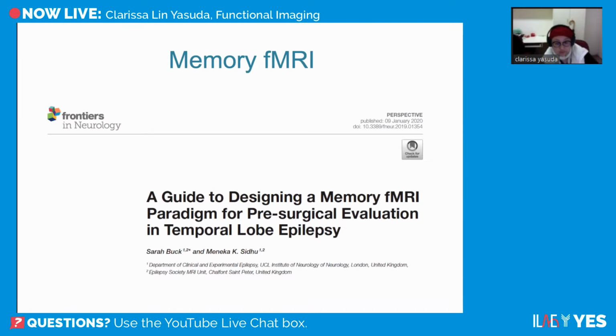And very recently, the American Academy of Neurology recommended using memory fMRI to predict verbal memory decline. And because of that, Manuela and Sarah recently published a guide to design a memory fMRI paradigm for this pre-surgical evaluation. So if you are interested, you can see the details here.